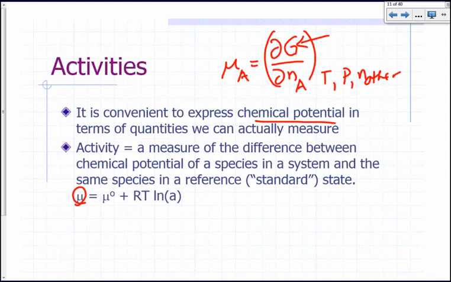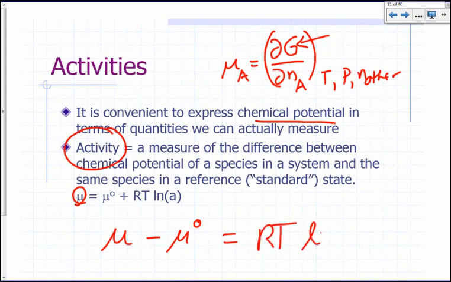And so we can define a quantity called an activity as a measure of the difference between the chemical potential of a species in a system and its chemical potential in some reference or standard state. So in other words, the chemical potential of a particular species in a system minus its chemical potential in some standard state is defined to be equal to RT times the natural log of the activity.